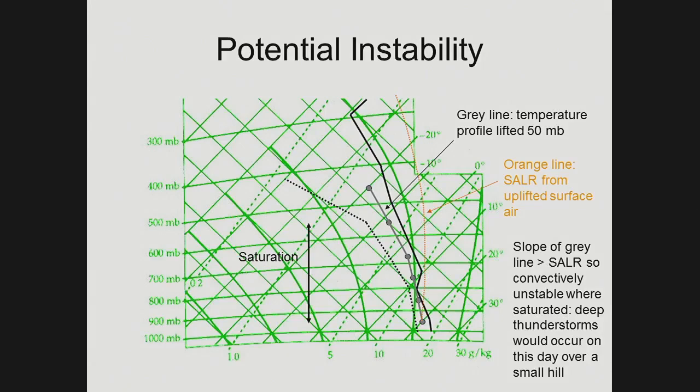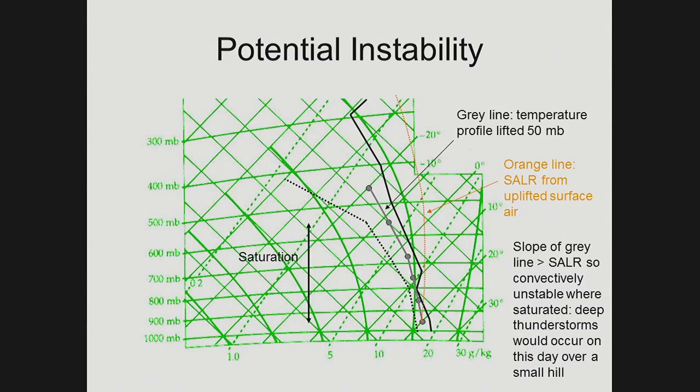On the other hand, if we try doing it with this, which is a profile more like the one we saw from Sicily, you start to lift this, and so this grey curve is the lifted curve, and clearly we have now got large sections of this where it is unstable.